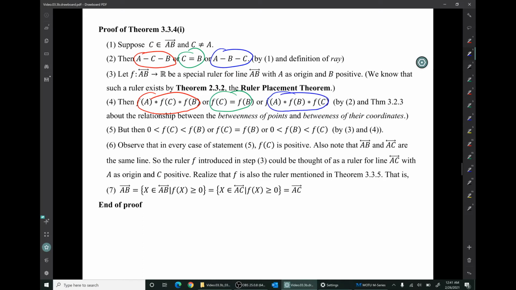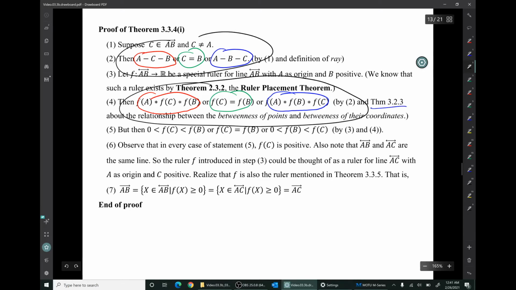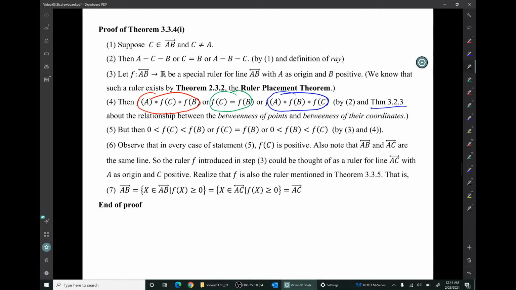That's by Theorem 3.2.3, that important theorem about the relationship between betweenness of points and betweenness of the coordinates of those points. But then we know that either this inequality is true, or this equality is true, or this inequality is true.